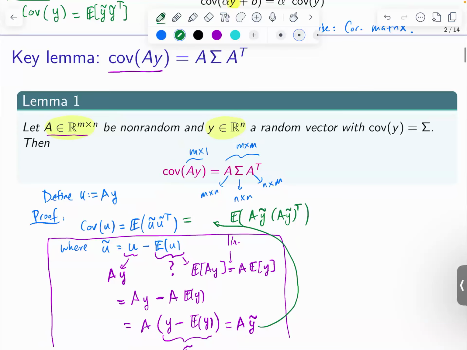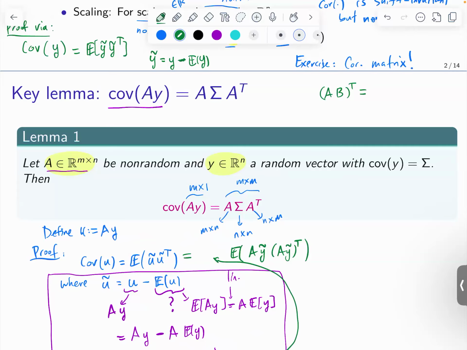Let's say I have a matrix A and a matrix B and I do the transpose. What does the transpose do with a product? Yes, so you get B transpose A transpose. The operation reverses the order.